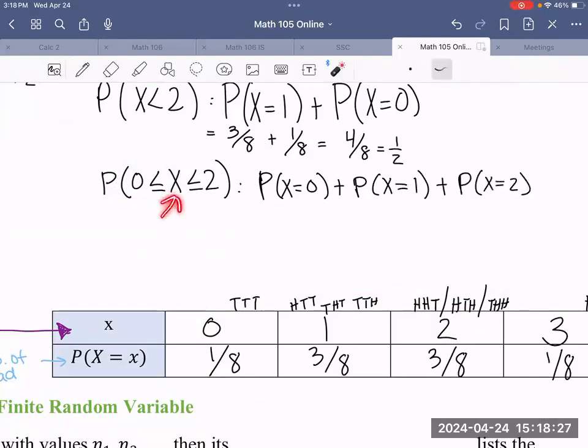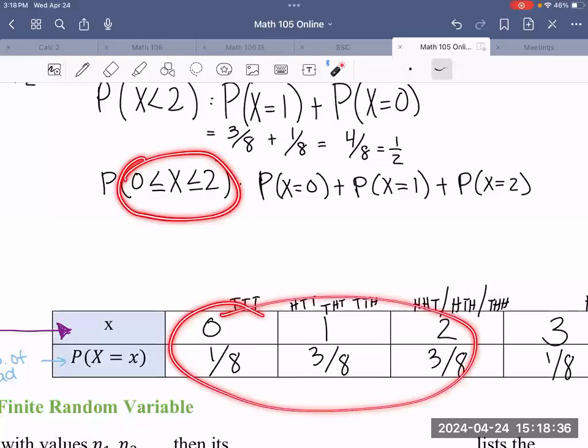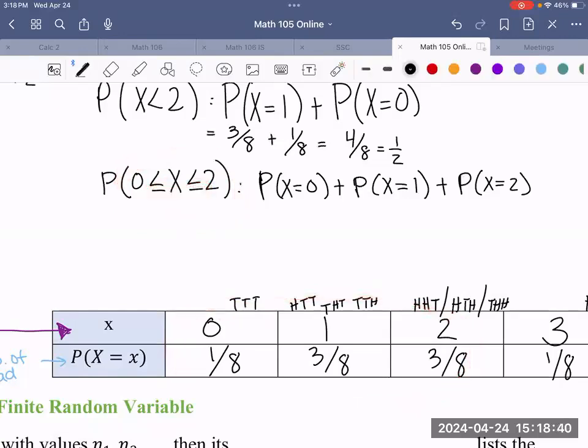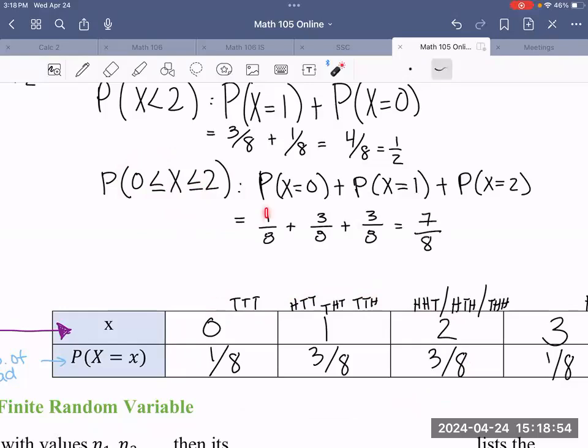That's what it means to say X is greater than or equal to 0 and less than or equal to 2, or X falls between 0 and 2 inclusive, inclusive being that little equal sign underneath. So that's 1 out of 8 plus 3 out of 8 plus another 3 out of 8 to make 7 out of 8, right? 1 plus 6 is 7.